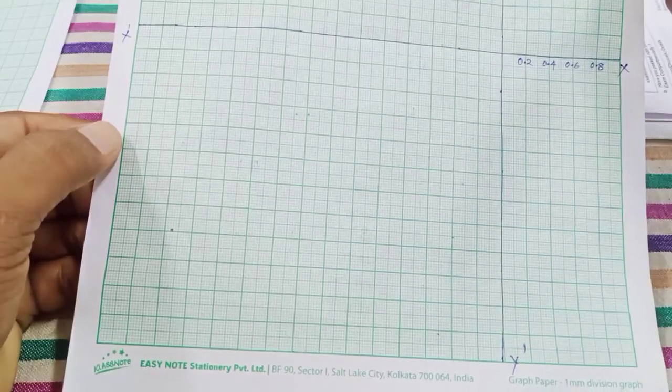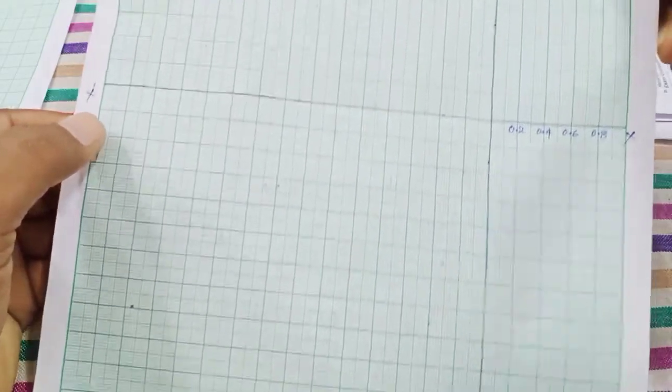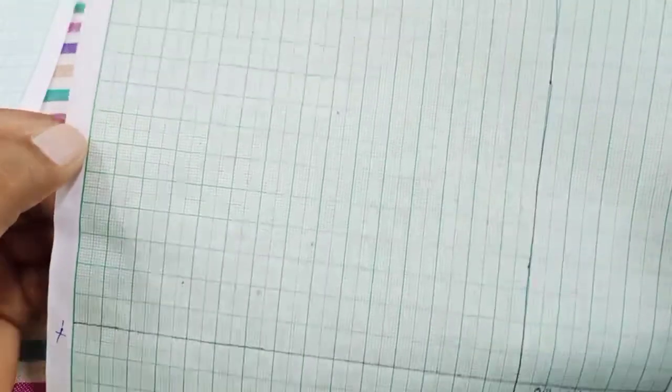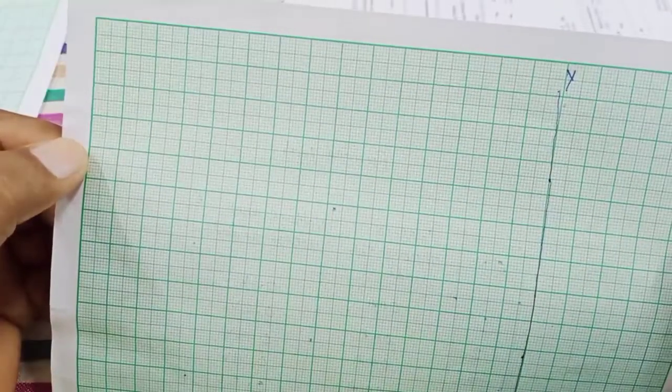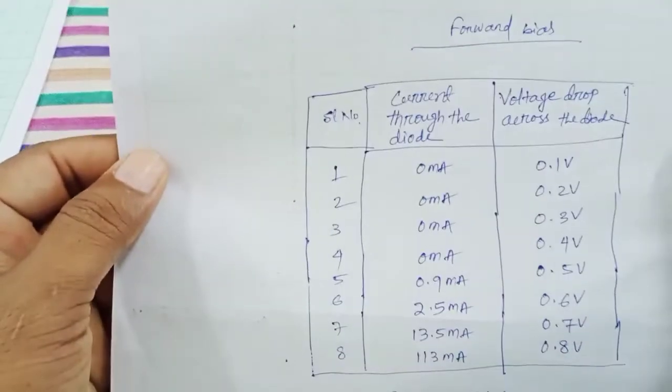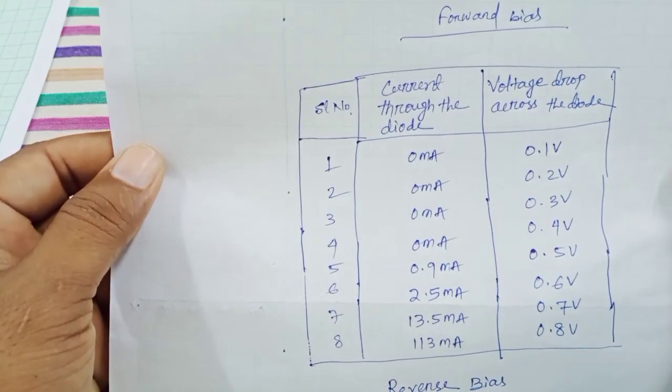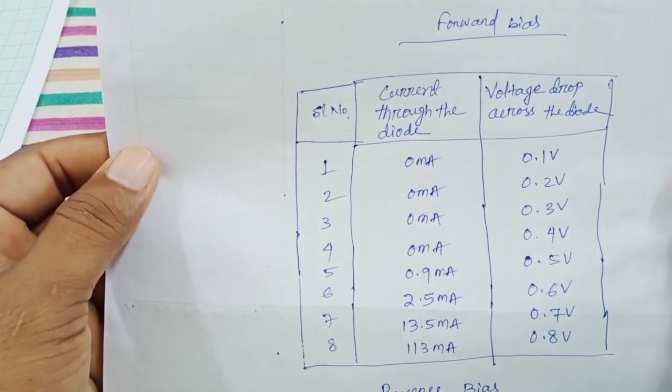Y axis represents the current through the diode. This is the reading taken during the experiment.